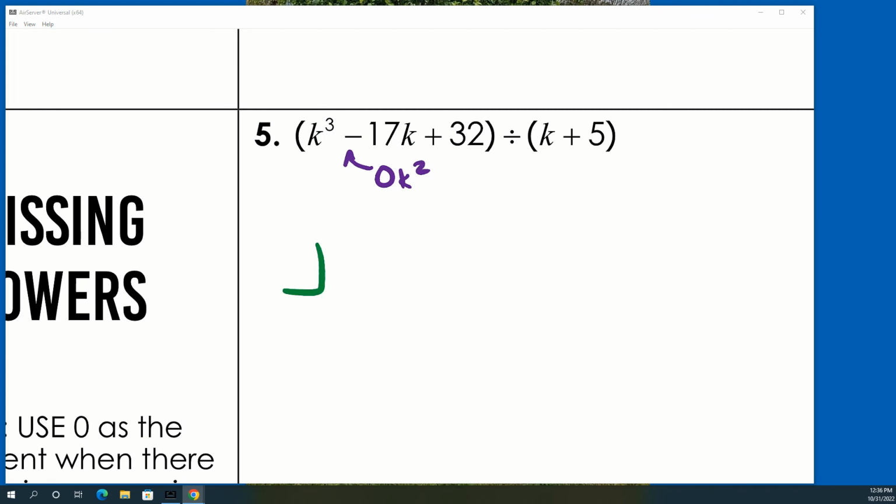All right, what's going to go in the box? Negative 5, good. All right, so 1 for k cubed, 0 for k squared, and then we have our negative 17 and our 32. So we have to fill in a 0, and we have to put it in the right place, in the right order.